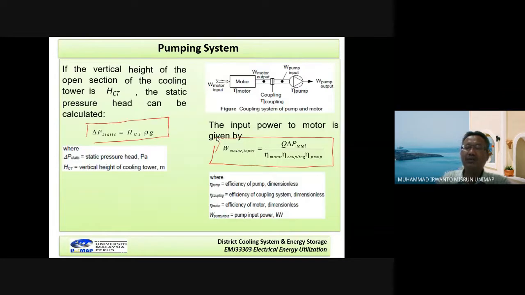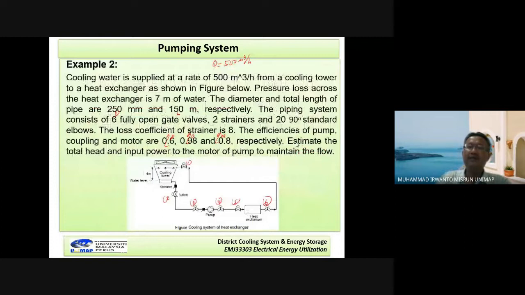The question is that we want to find the input motor power, so we have all types of efficiency here, given. Now this is where we want to find the total friction losses. Estimate the total head and input power to the motor or pump to maintain the flow.